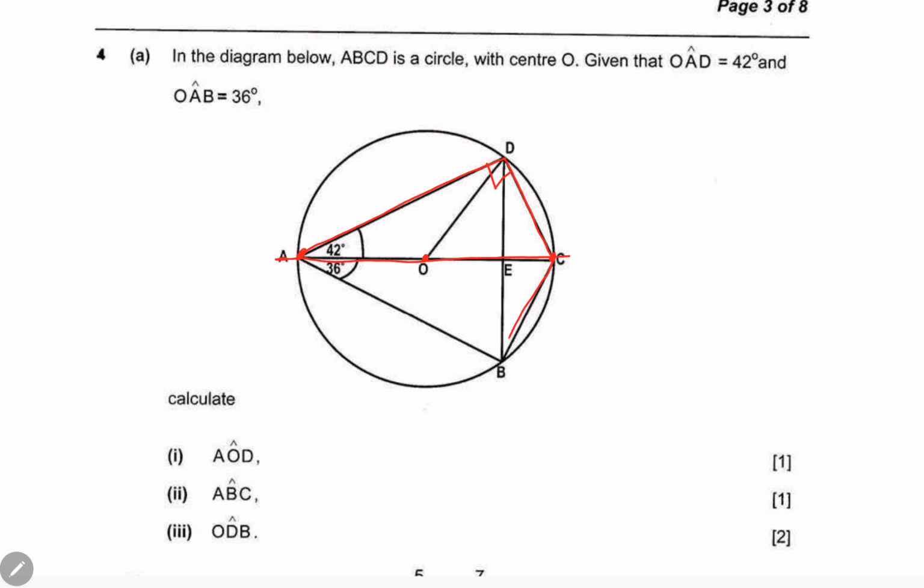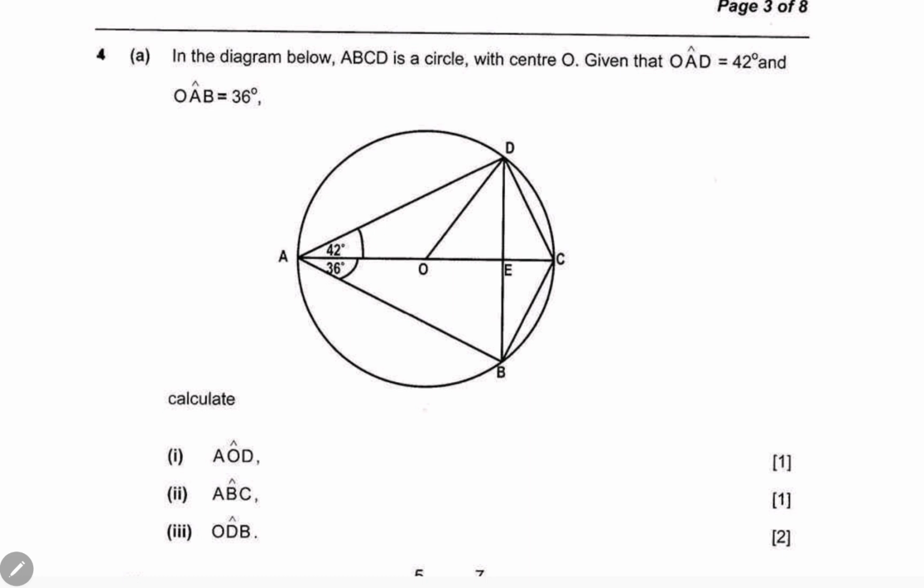Same thing applies to this distance and that distance, where they meet, they are making a 90 degree angle. Let's keep that in mind before I go to the question itself, because these are the properties or theorems that are going to help us answer all these questions. Knowing that, let's now proceed to the questions.